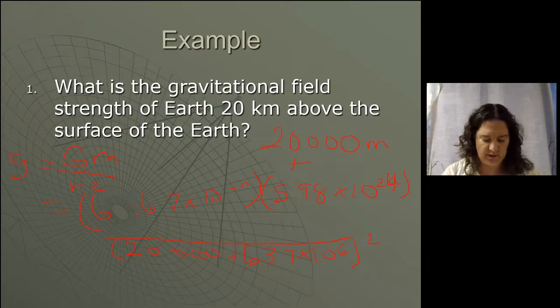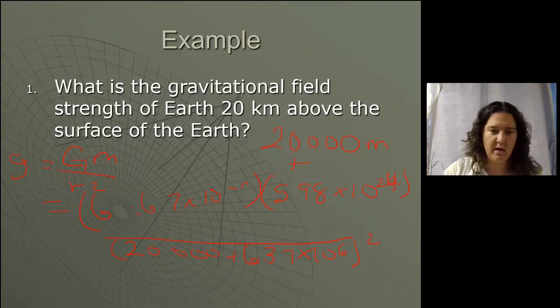I like to put brackets around all my numbers in the calculator so that I can just let the calculator do its job. So 10 to the power of 24 divided by 20,000 plus 6.37 times 10 to the power of 6, squared.